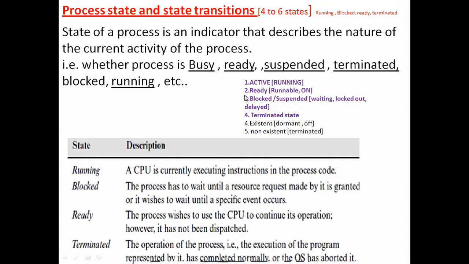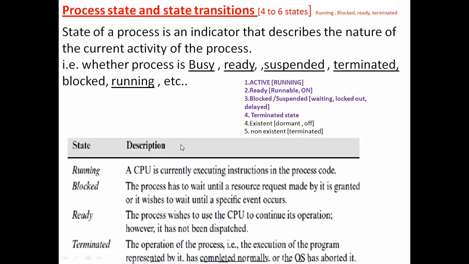We have various names for the process states, and these vary from book to book. But basically we saw that the process states were running state, blocked state, ready state, and terminated state. And in the previous slides, these states of a process were explained along with the relevant diagrams. Now we'll see in detail the information regarding each and every process state, starting from the running state, blocked state, ready state, and terminated state.